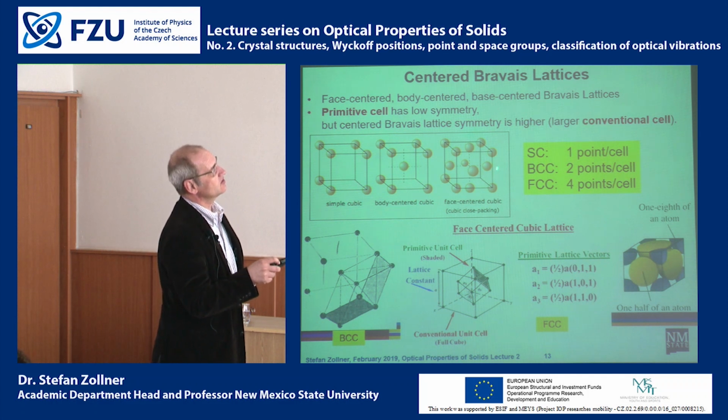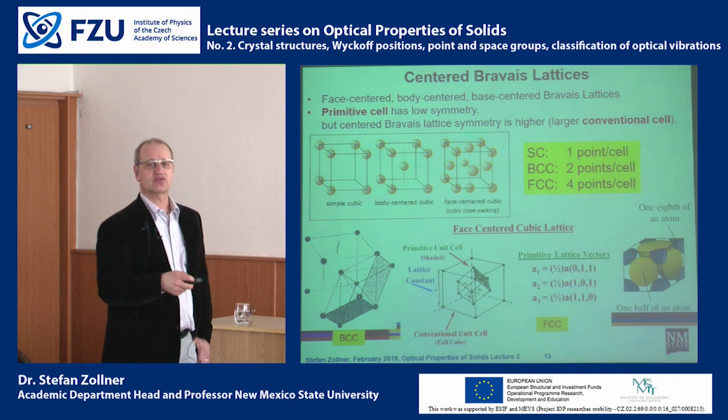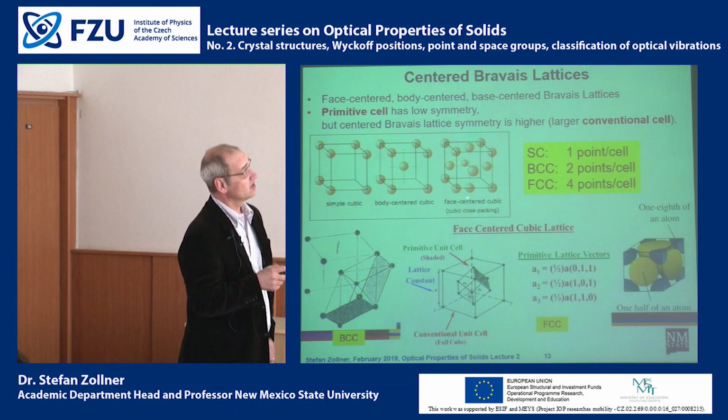If we look at the face-centered cubic Bravais lattice, then we see that we have lattice points at the corners and faces. There are 8 lattice points along the corners. Each of these points belongs to 8 cells, and therefore this point here really counts as 1/8.